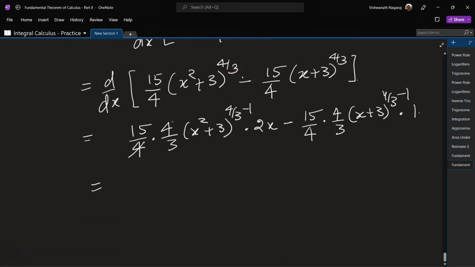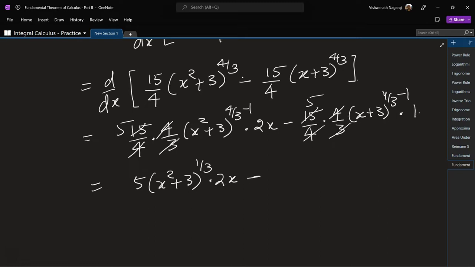Okay, so here 4 and 4 cancel, 3 fives are 15; 4 and 4 cancel, 3 fives are 15. So what do we get? 5 times x square plus 3 to the power of 1 by 3 times 2x. Okay, let's write it in one more step.